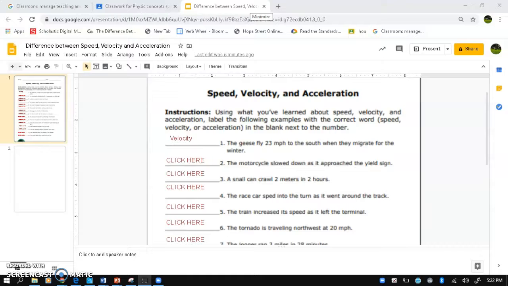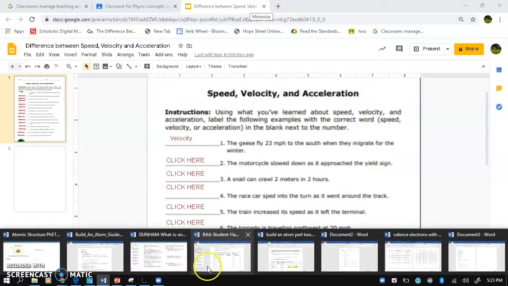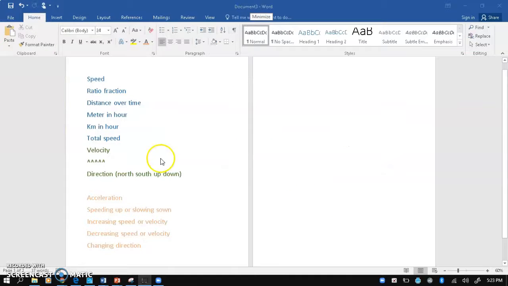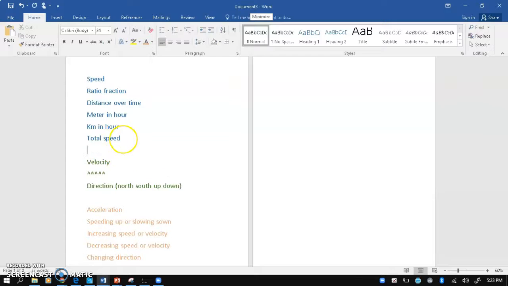Now, on number one, I'm going to do a few with you. I'm not going to do all of them. I just want to hit the words. So if you look here, let me see if I can pull it up. Some of the key things for each of these is for speed, look for things that just have distance and time.